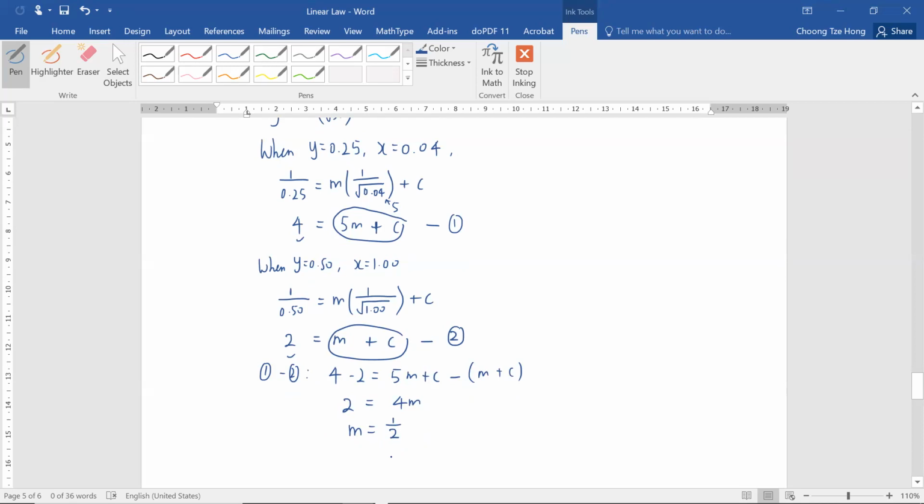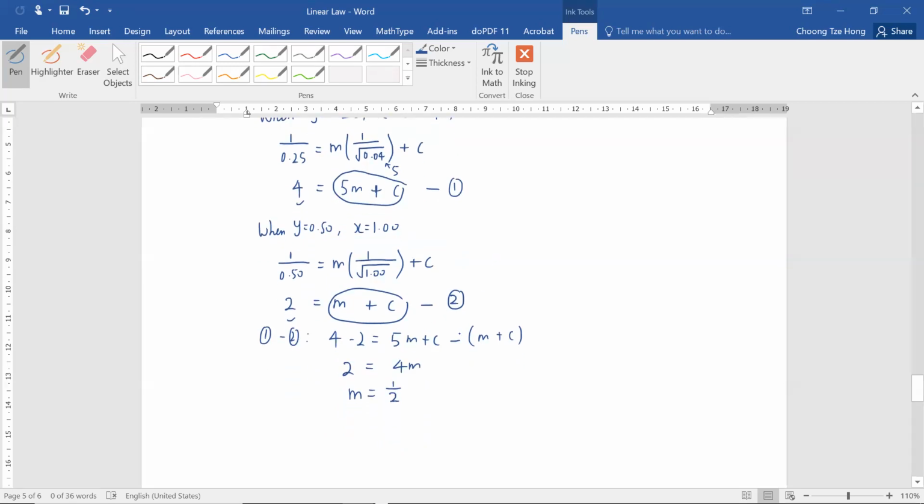We'll substitute m equals half into equation 2. So 2 equals half plus c. So c will be 2 minus half, which is 1.5, so 3 over 2.